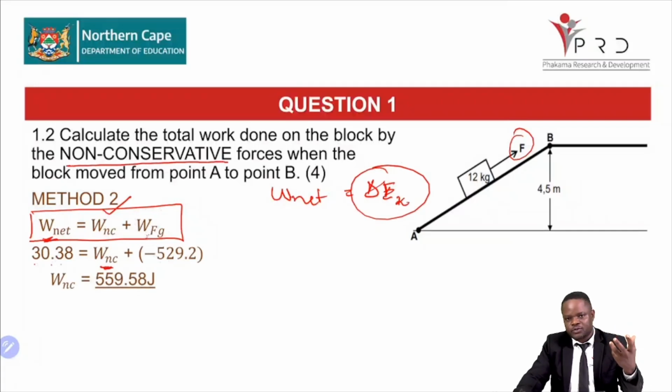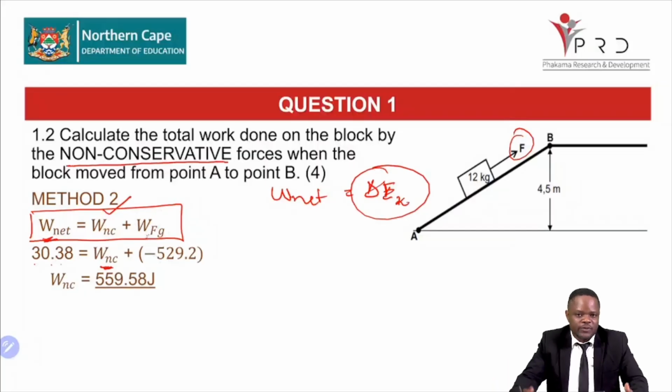So you can see there is two approaches. You choose the one that you are comfortable in. So it's either you are going to say your work done by the non-conservative forces is equal to the change in mechanical energy of your system, which is equivalent to the change in kinetic energy plus the change in potential energy. That is your first method.